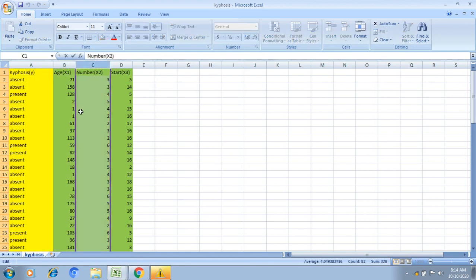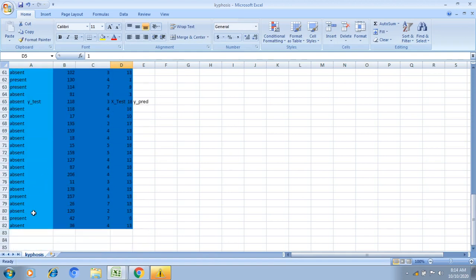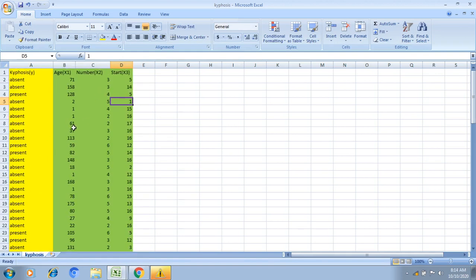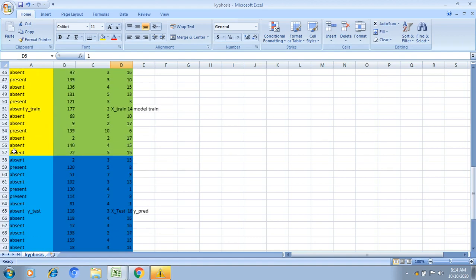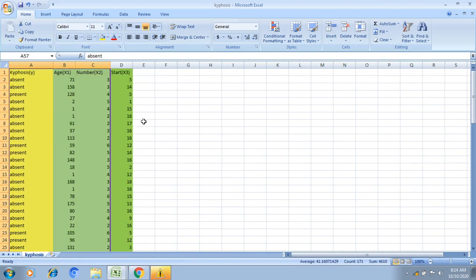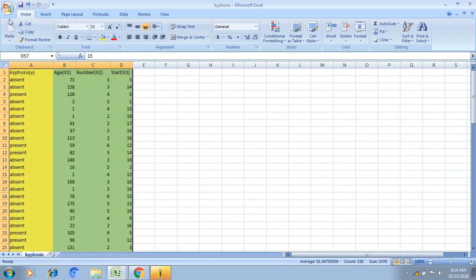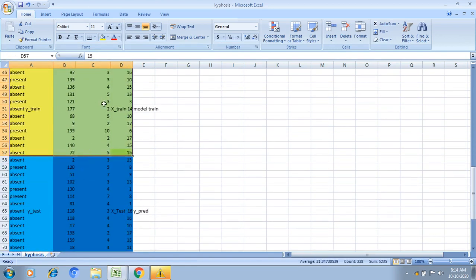This data set contains 81 rows and 4 columns. I am dividing this into 4 sets. Until 56, that means 70% of the data, I'm using to train the algorithm.